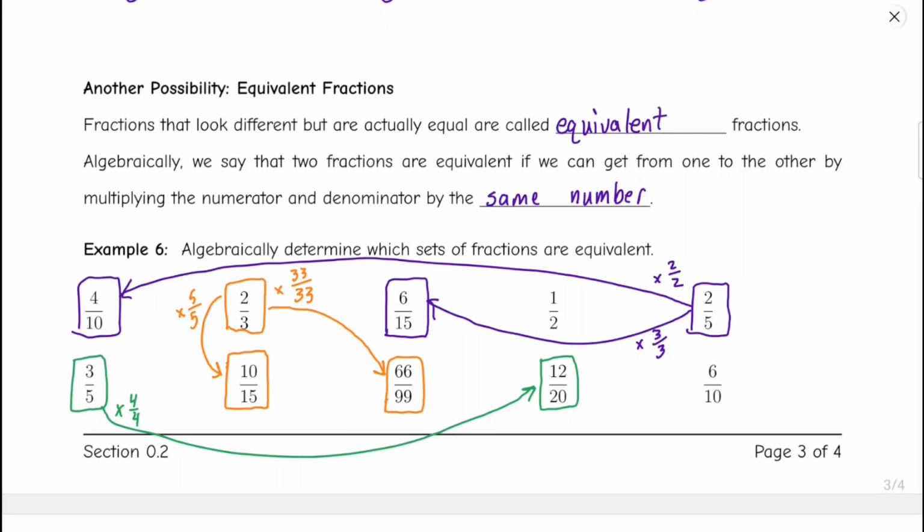And last but not least, we have 6/10. Well, 6/10 is equivalent to 12/20 because you can multiply by 2/2, which means it's also equivalent to 3/5 and so on and so forth.